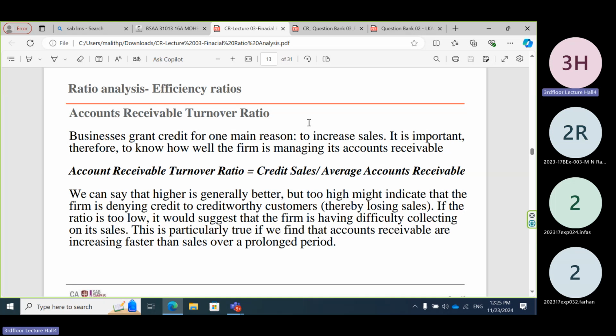Current asset means current asset, current liabilities. Current asset. Yeah. Then money. That is the normal understanding you should have.